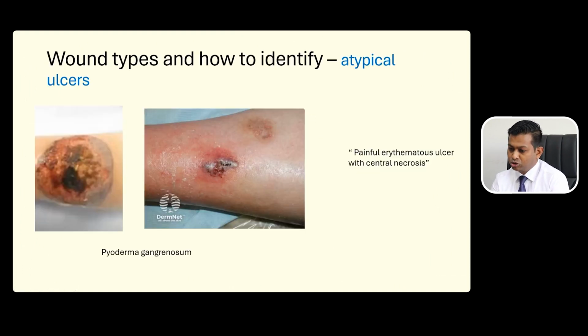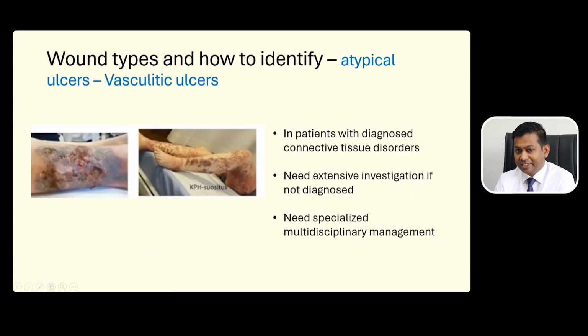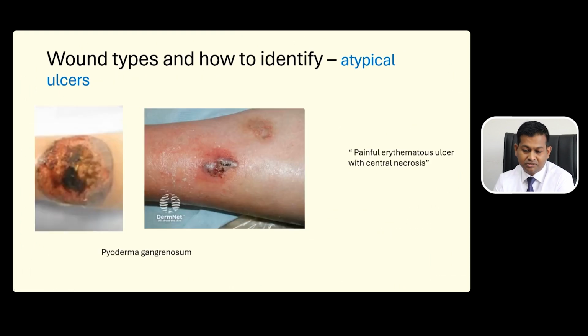Okay, so those are the common things. So how about this? On and off, these patients will come. Nobody knows what's going on. No clue. People try different things, but nothing happens. It grows. So this is a pyoderma gangrenosum. It's a painful erythematous ulcer with some central necrosis, reddish thing, usually over the shin areas.